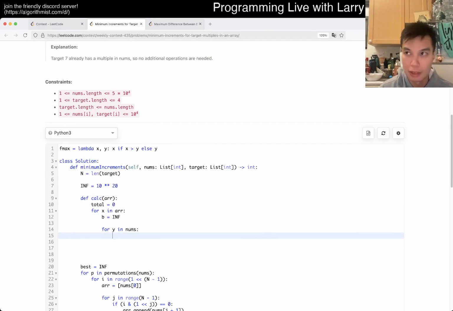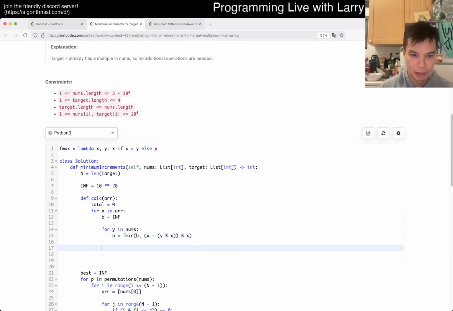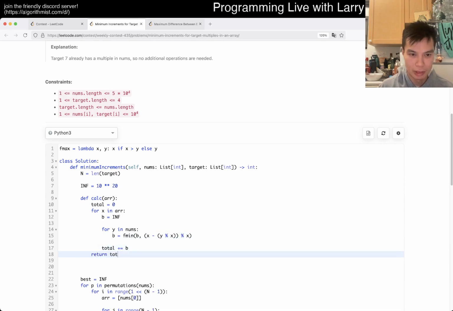So y mod x is the leftover, so then the opposite of that, right? So x minus this mod x, right? I think so. Yeah, it's a little bit too much mod, but whatever. Anyway, total, I think that's it really.